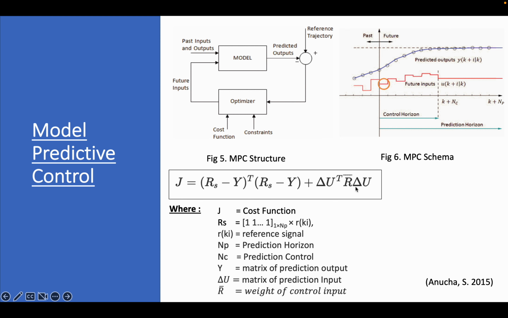The optimizer calculates the cost function, and after that, the result becomes the future inputs of the model system.